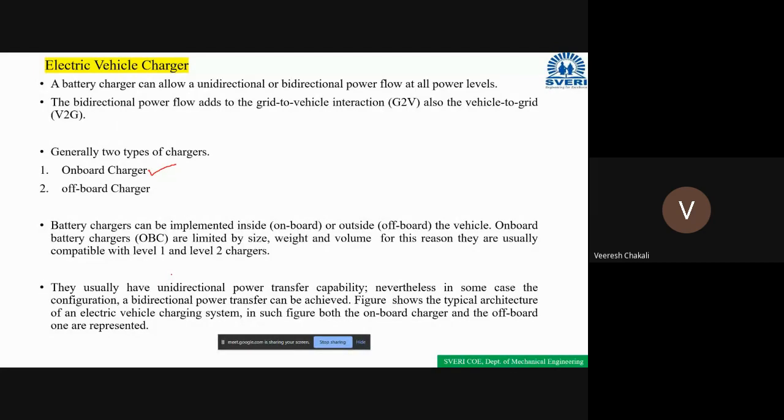Generally, the chargers are classified into three types: level 1, level 2, and level 3, depending upon the voltage levels and time of charging. We will see that later. They usually have unidirectional power transfer capability.